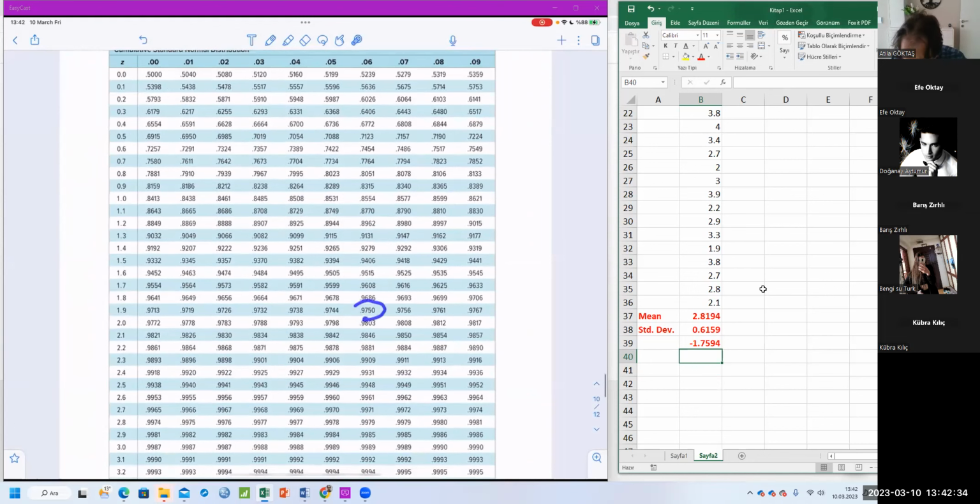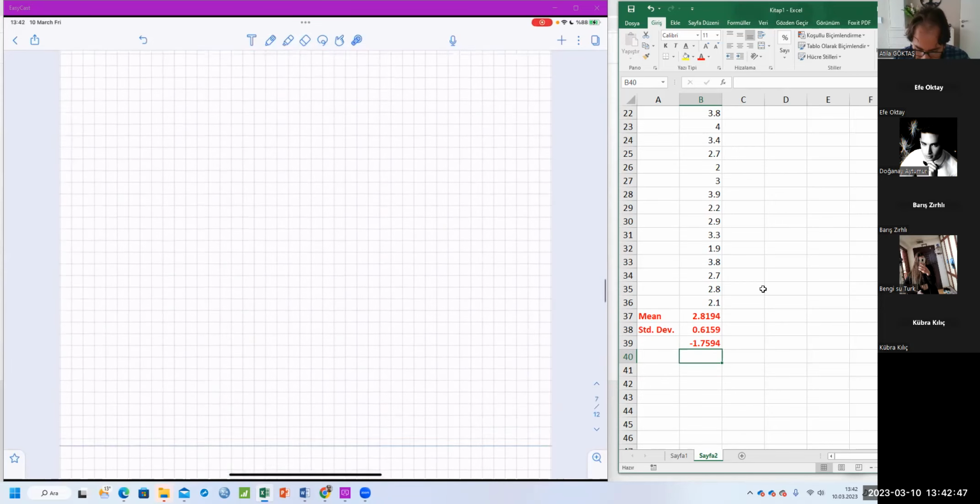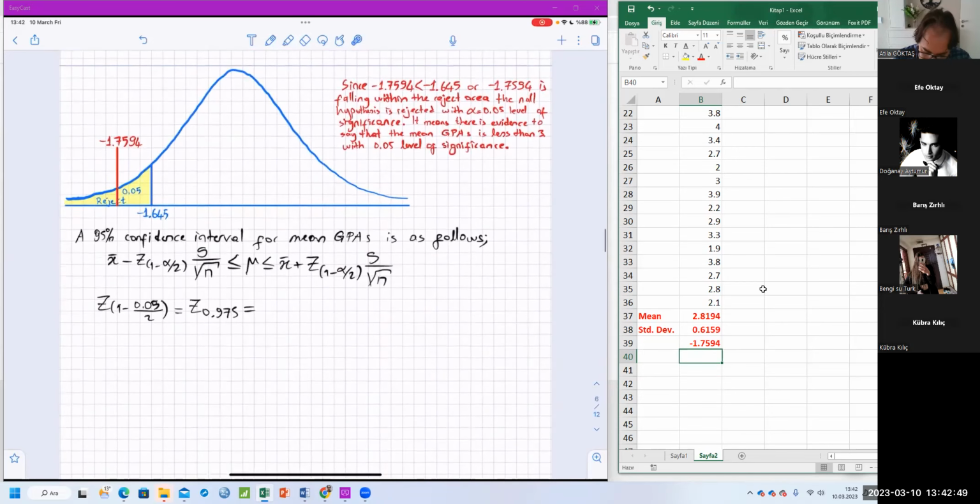So there it is. You see, it's already there. So it's 1.9 and 0.06. So the result is 1.96 for that value. 1.96. So I can easily write the result as 1.96.